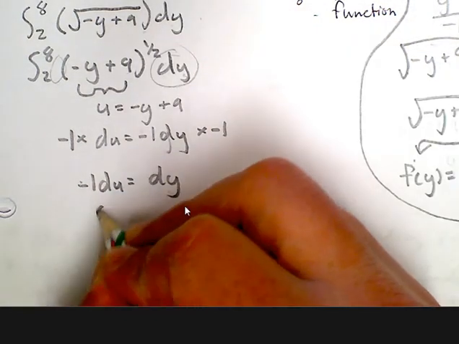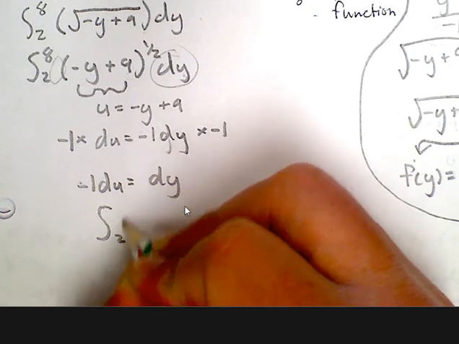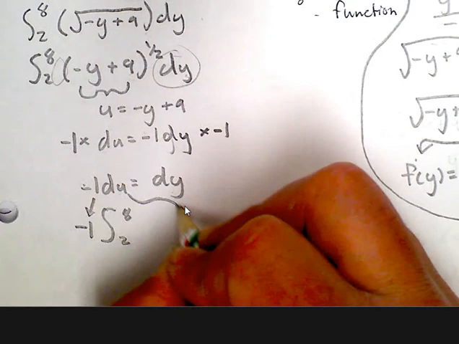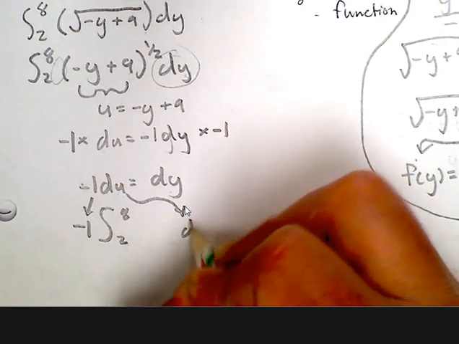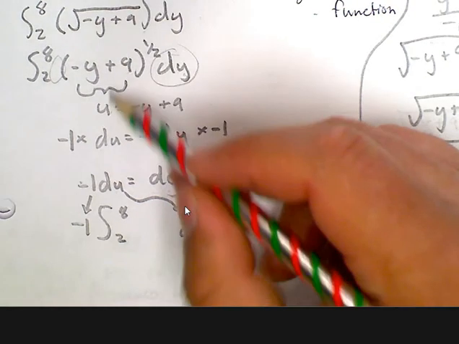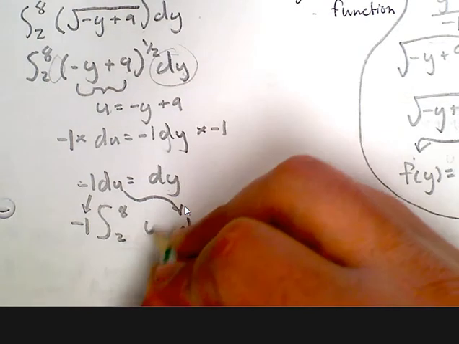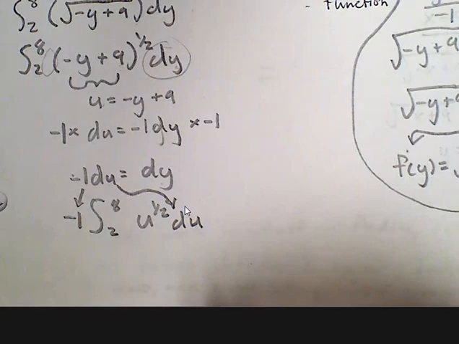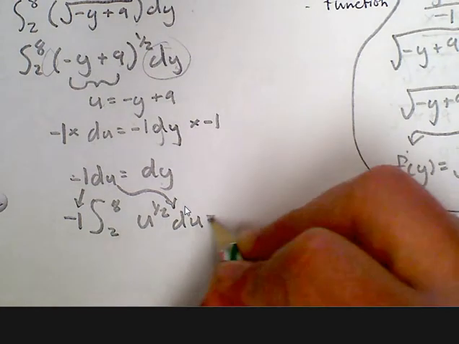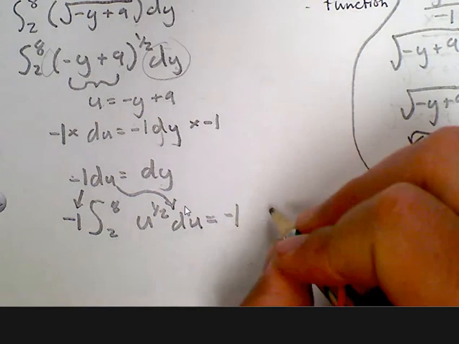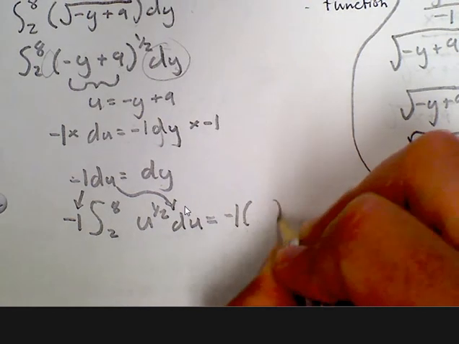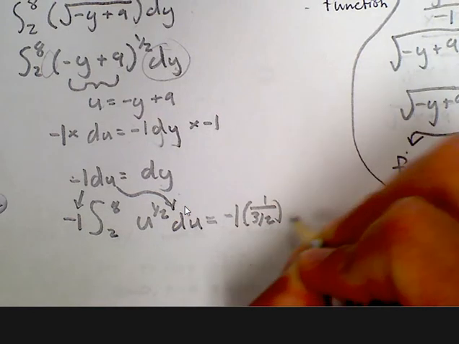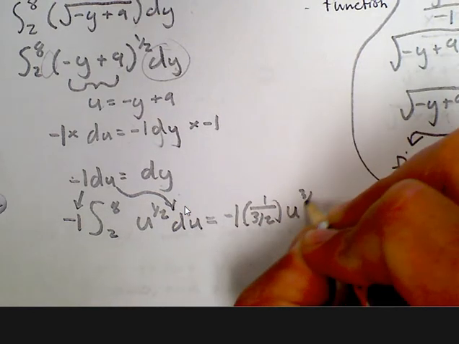So I start with the integral from 2 to 8. I'm just moving those multiplying constants in wherever I want, putting the du at the end, and plugging the u in, so now it's u to the 1/2. Now I can integrate: negative 1 times 1 over 1/2 plus 1, which is 3/2, u to the 3/2 plus c.